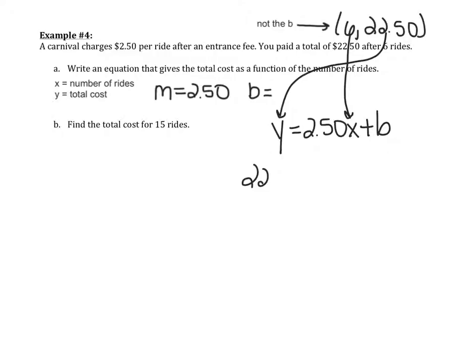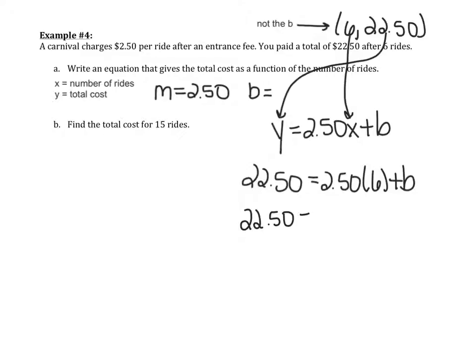So I'd have 22.50 equals $2.50 times 6 plus b. $2.50 times 6 is $15, so I'd have $22.50 equals 15 plus b, which means I'm going to now subtract 15 from both sides.